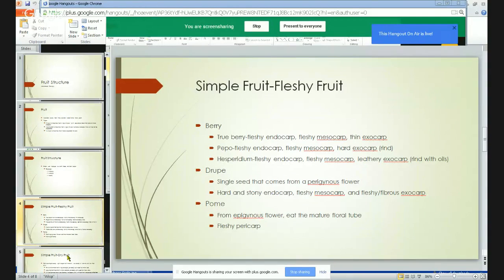The ovary will develop some, but really what's going to develop is that floral tube that's surrounding the ovary, and that's going to turn into your pome. So your pomes have a fleshy pericarp, and that's what we eat. All of it's fleshy, all three layers.